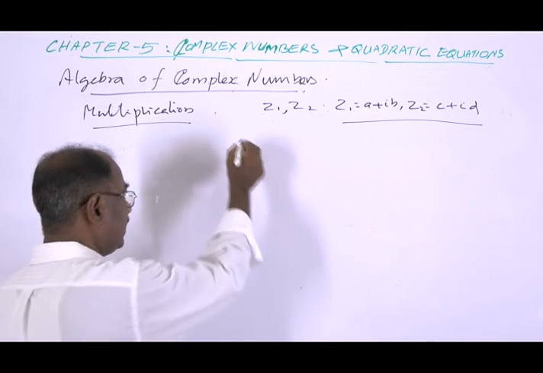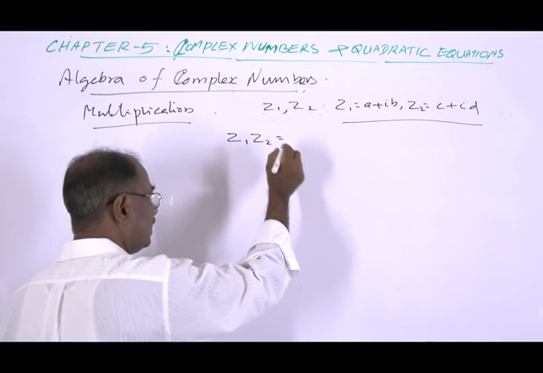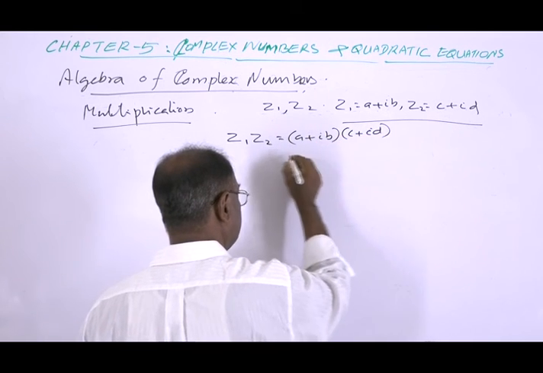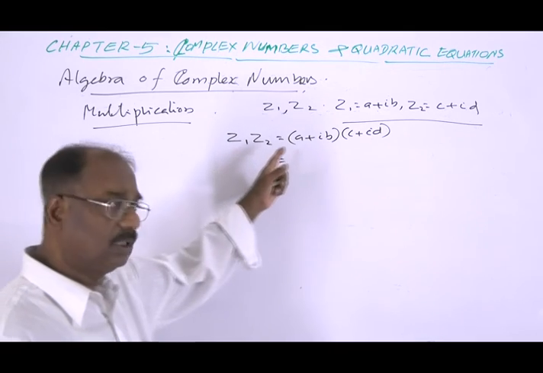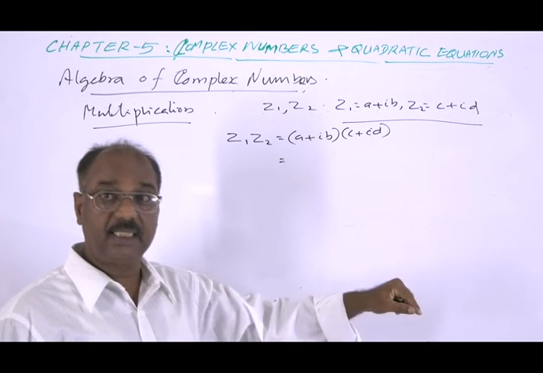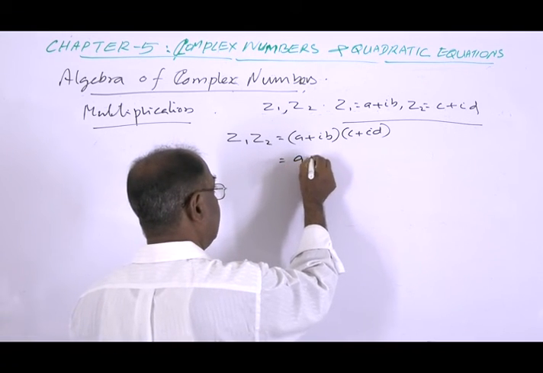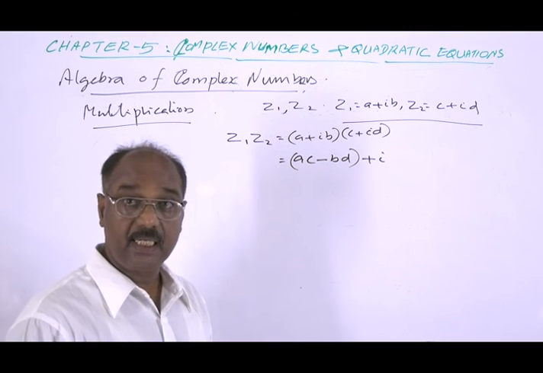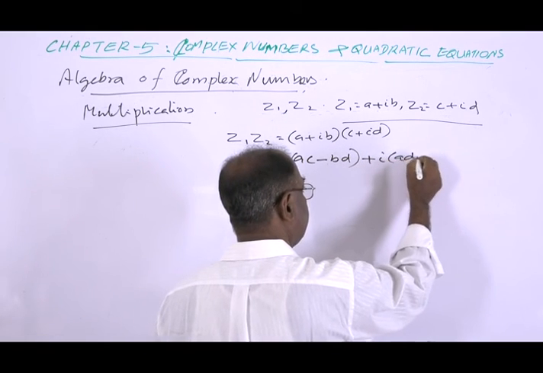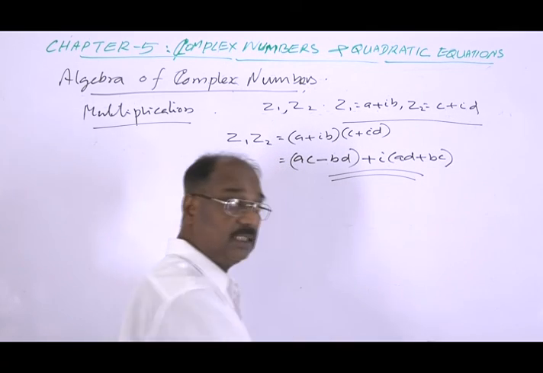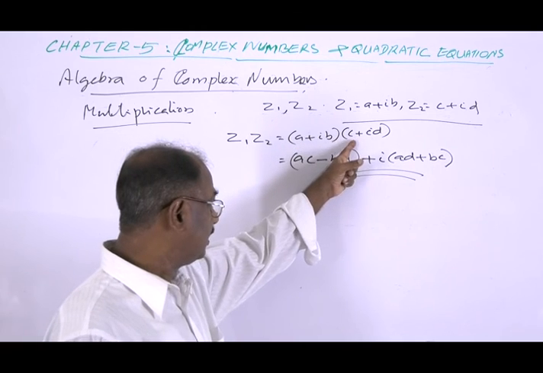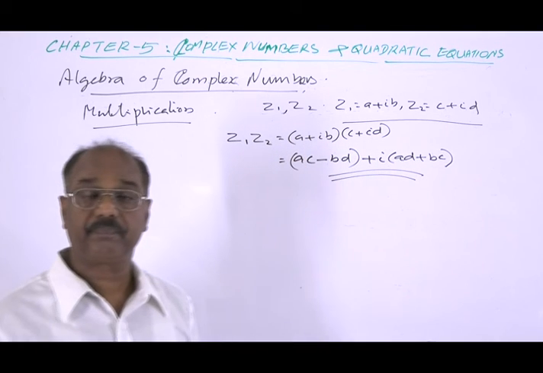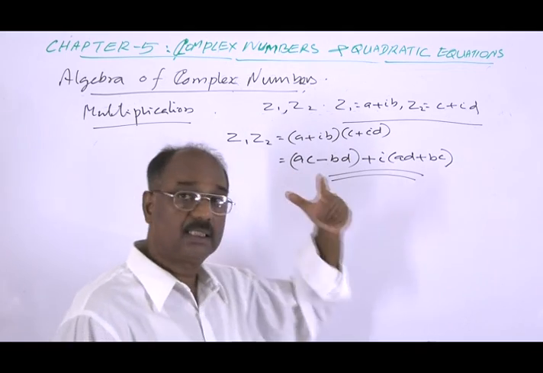Then their product, denoted by Z1 Z2, is defined as (A plus IB) into (C plus ID) equal to (AC minus BD) plus I into (AD plus BC). So this is the definition.